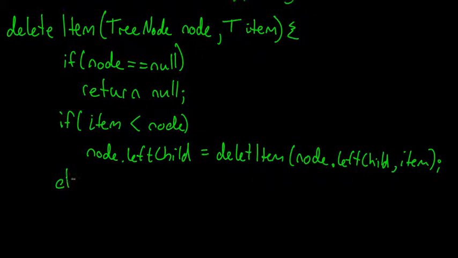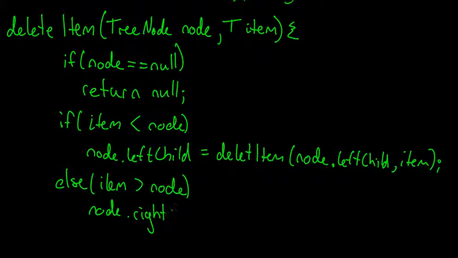Okay, otherwise, the item may be bigger than the node, in which case we would do exactly the same thing, except for the right child.